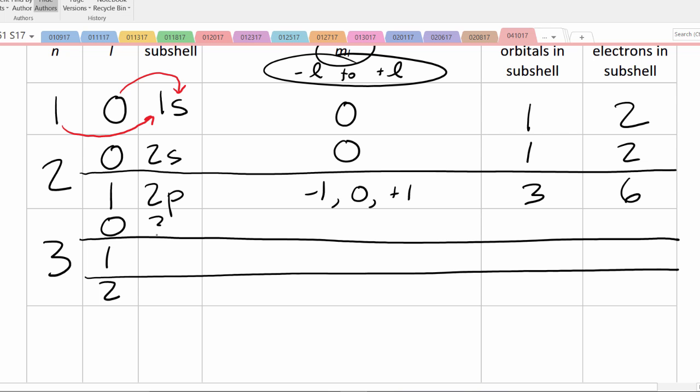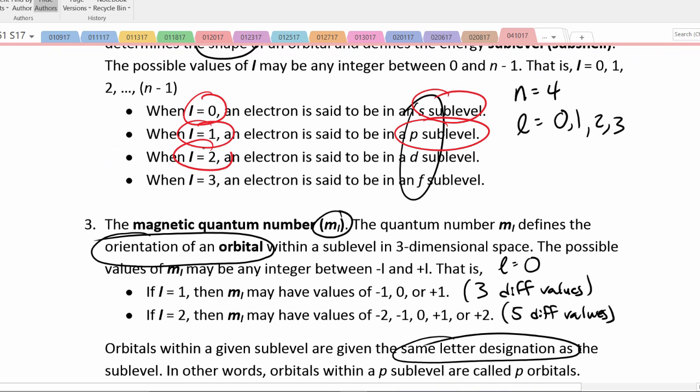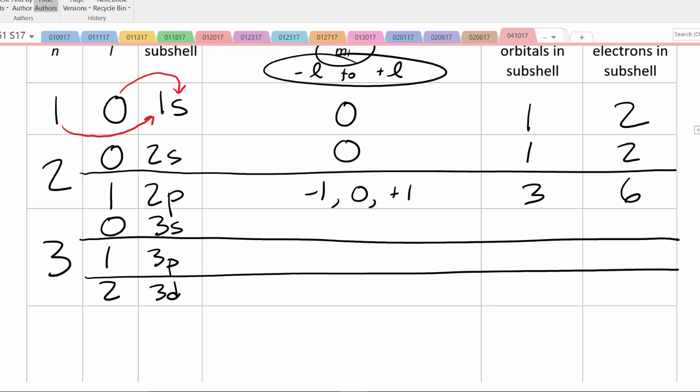This first one is going to be 3s. Next is going to be 3p. Next will be 3d. And we get the d because of the fact that when L is equal to 2, we have a d sublevel. So now we start filling in values of m sub L.